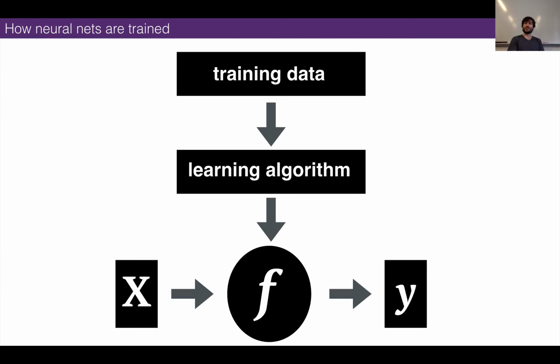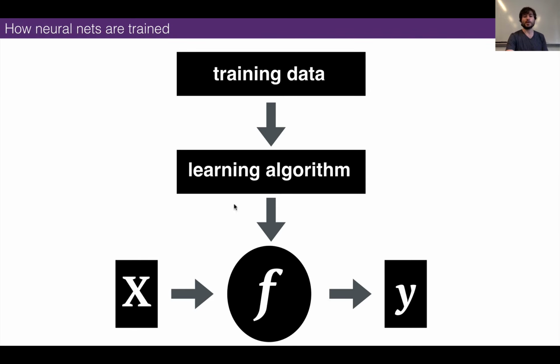Okay, let's talk about how neural networks are trained. Last week in the first 2 sessions we introduced the supervised learning pipeline, and we mostly focused on the bottom part of this, right? The function that fits some input data X and maps out to some output data Y. We talked about a lot of different ways of using this and a lot of different cool applications.